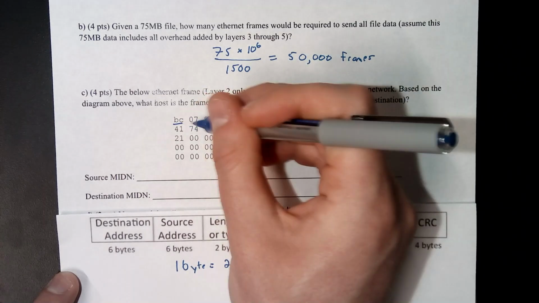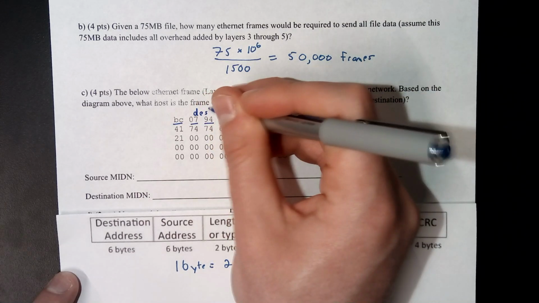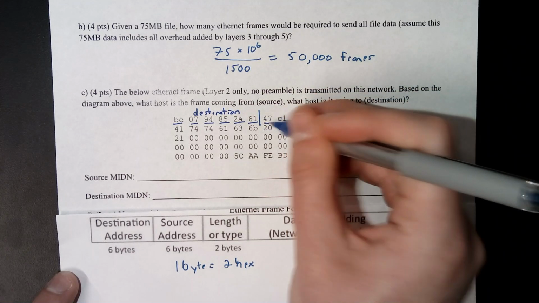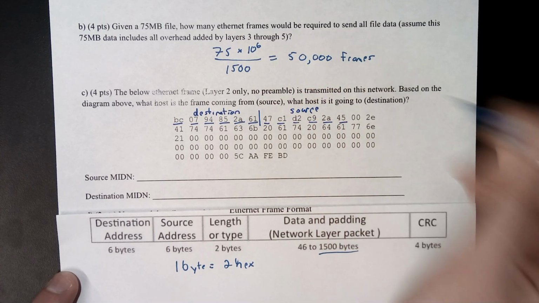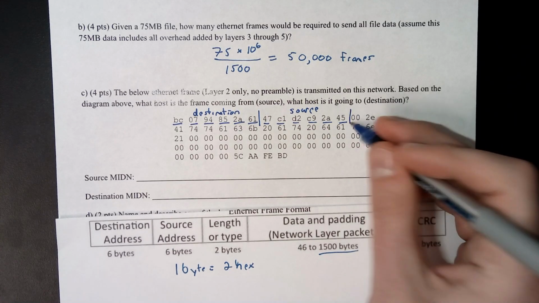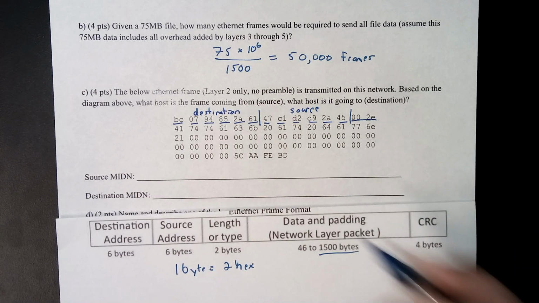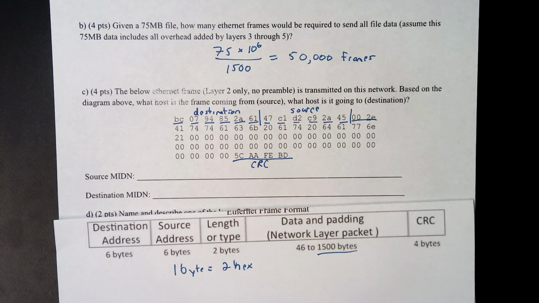So 1, 2, 3, 4, 5, 6, and that's our destination. And then the next 1, 2, 3, 4, 5, 6 is our source. So then after that would be our length or type, right? Those 2 bytes. And then our data comes afterwards, and then at the end we can assume that these are our CRC. So just to push the rest of it through there for your understanding and studying.